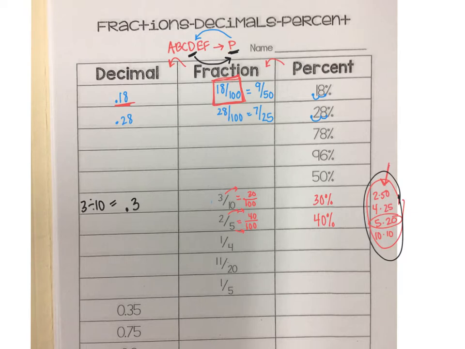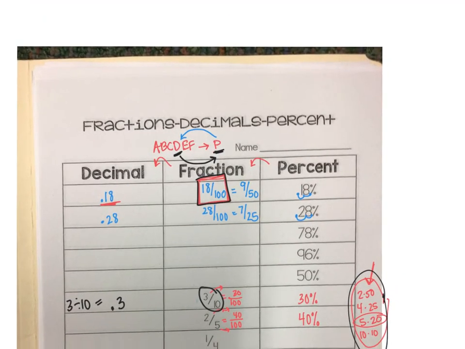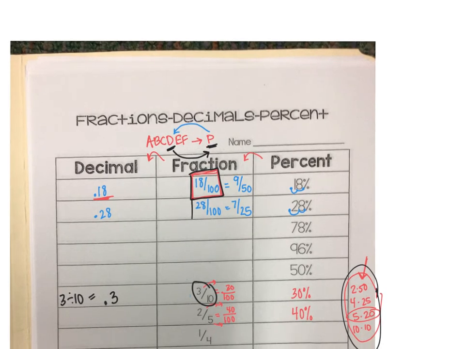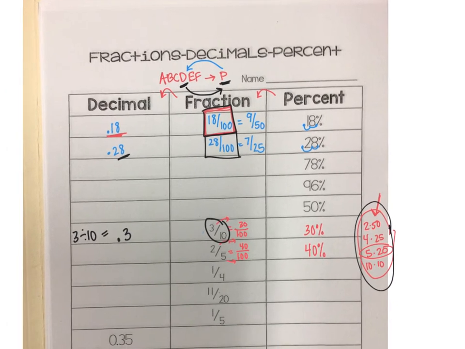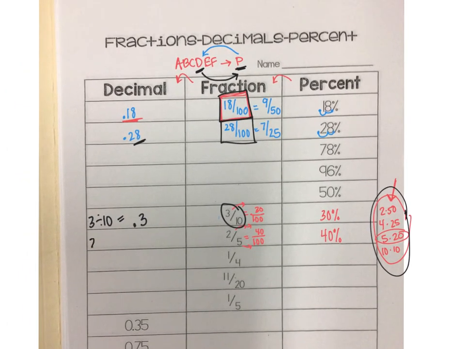Now, in this problem, because this one here, and that looks like to be the only one, if it's a denominator of 10 or 100, I can just say it out loud, kind of like I did up here. 18 hundredths is 18 hundredths, right? 28 hundredths is 28 hundredths. Otherwise, I do some division. 2 divided by 5 gives me an answer of 4/10. 1 divided by 4 gives me an answer 25/100.